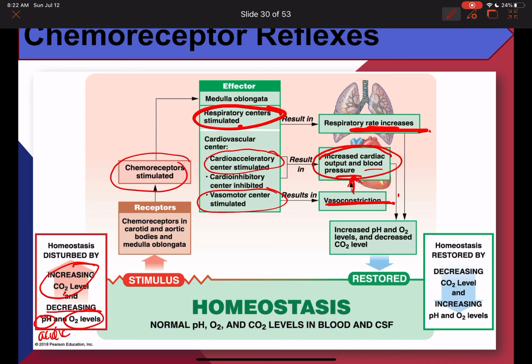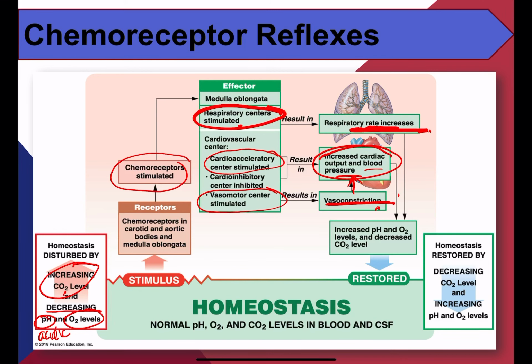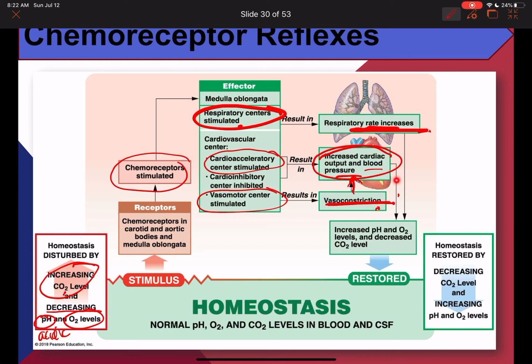All of which, whether it be your blood vessels, your heart, or your respiratory center, will ultimately bring your pH back up, oxygen levels back up, and decrease the CO2 level, okay, to bring it back to homeostatic level. So that's why the cardiovascular system is very related to the respiratory system in that sense, okay?